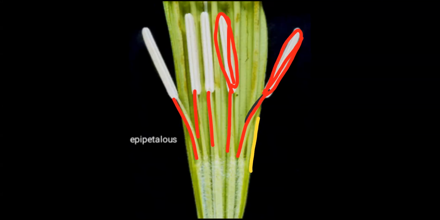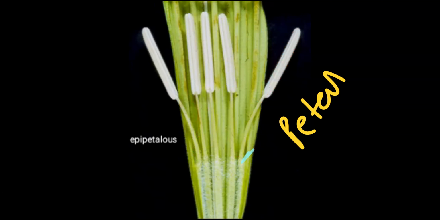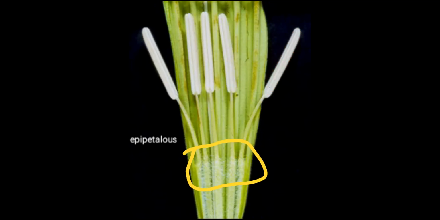On the back side, this entire part is the petal. This is actually of Datura. So if you can make out over here this filament, it's a part of stamen that is fused with petal. It has joined with the petal. Can you make out this part? Yes or no? Is this clear?